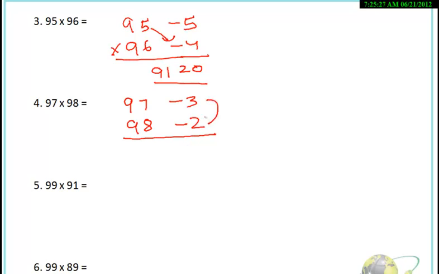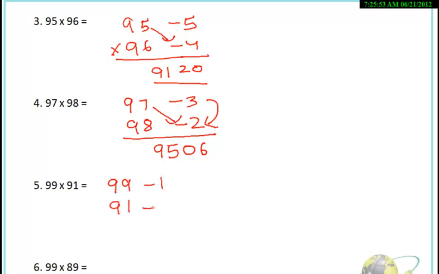So 3 2s are 6, but we will write 06. Now with the cross subtraction, 97 minus 2, we get 95. As a whole, the calculation becomes 9506.